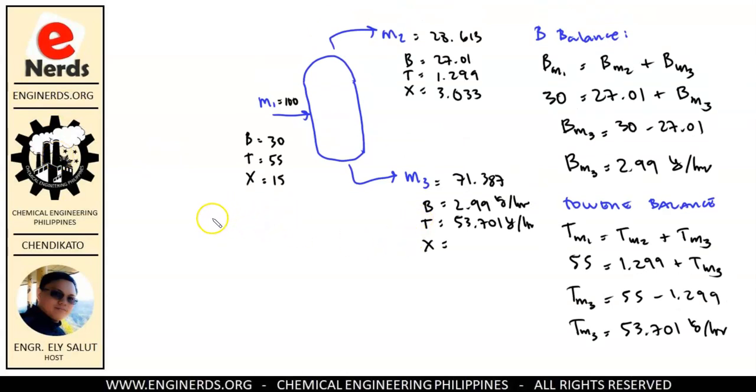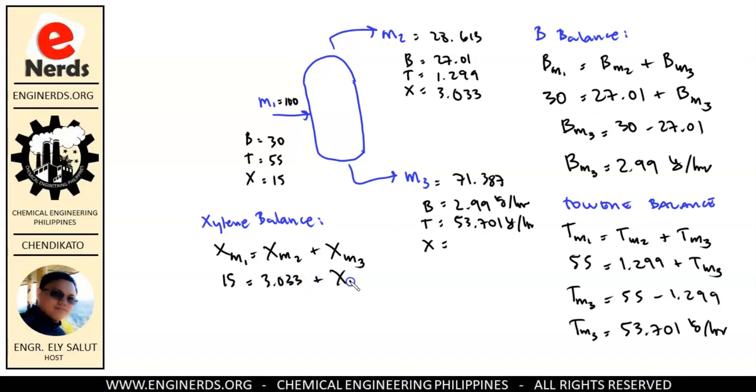Now we have to determine the xylene in M3. So we have xylene balance. So xylene in M1 is equal to xylene in M2 plus xylene in M3. Xylene in M1 is 15. Xylene in M2 is 3.033 plus xylene in M3. So xylene in M3 is equal to 15 minus 3.033.